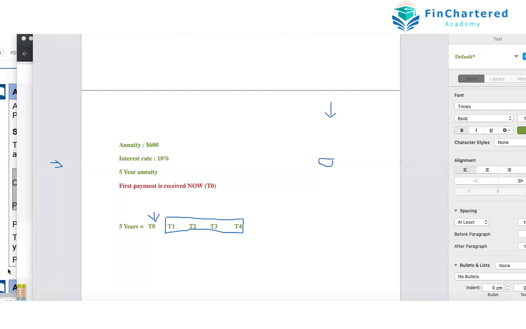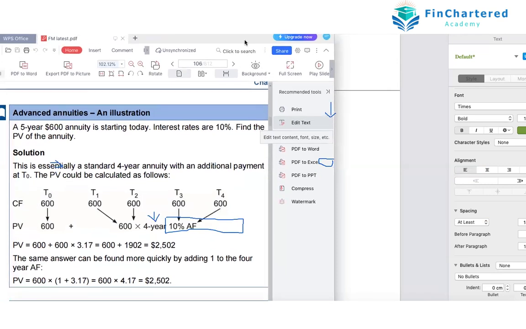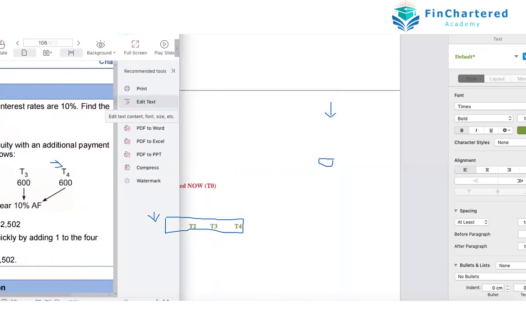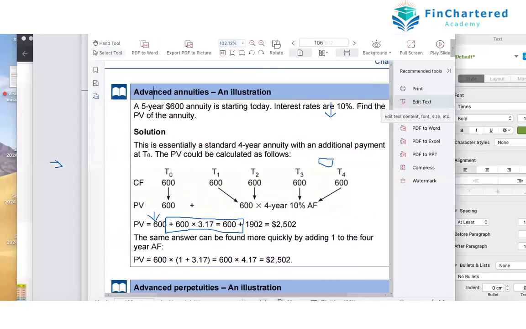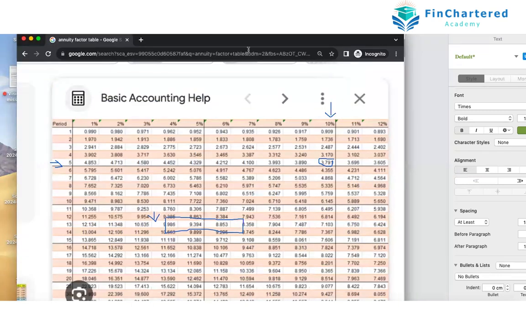You understand? So in this case, where is it? Where did my table go? Because you know that the first amount is received now, there are only 4 years left: year 1, 2, 3, 4.